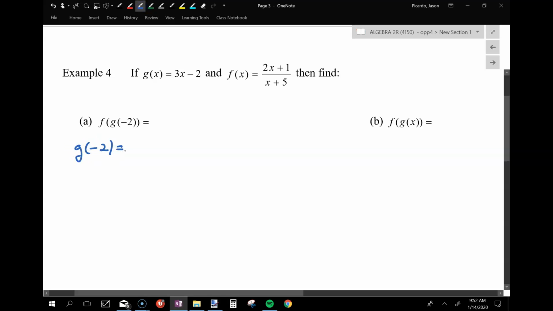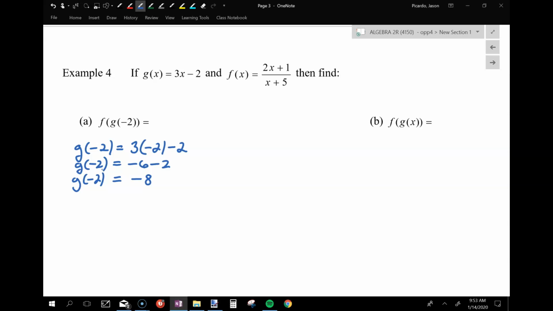Well, I'm going to take -2 and plug it into my g. Splendid. g of -2 equals -8.